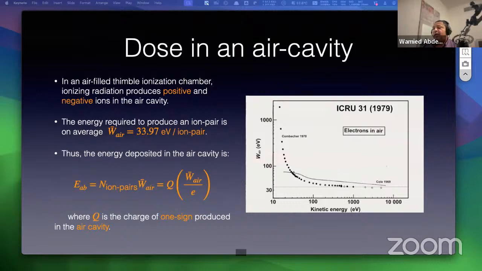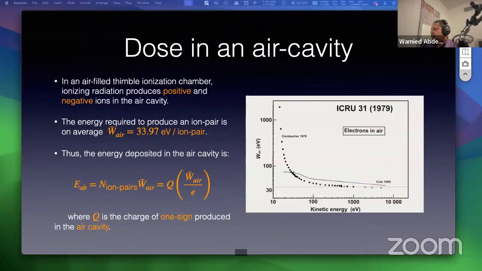If we had a chamber filled with nitrogen gas, nitrogen has a low electronegativity. It will not attach a free electron to the molecule. So in nitrogen gas, for example, the charges produced in the gas cavity would be positive ions and electrons. So that's the difference between nitrogen and air.